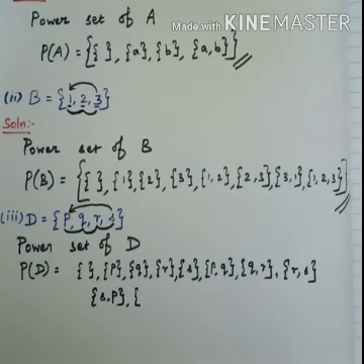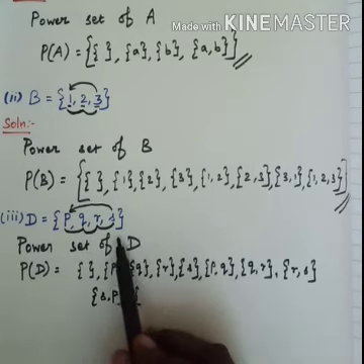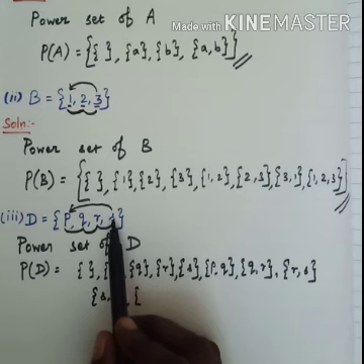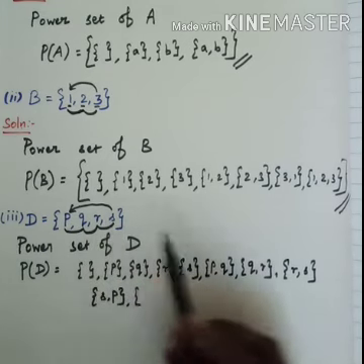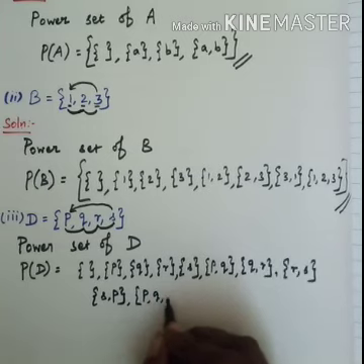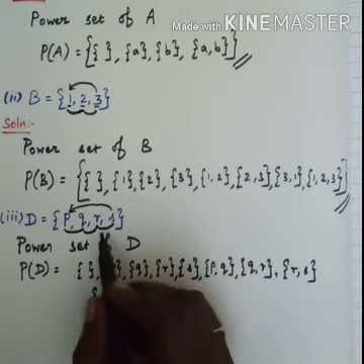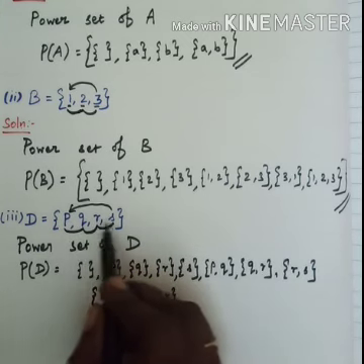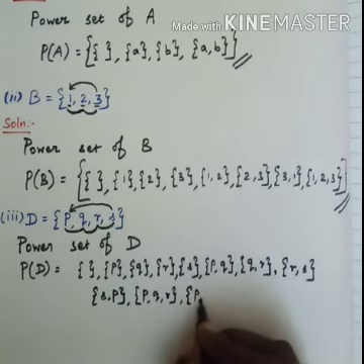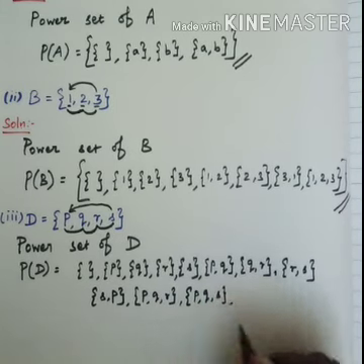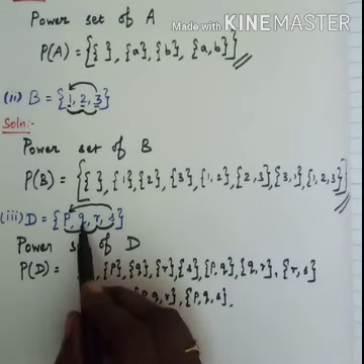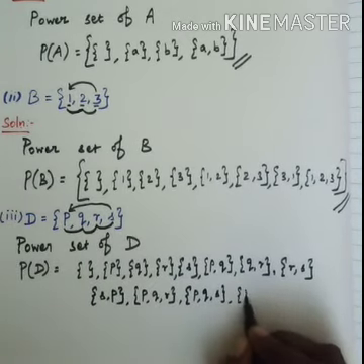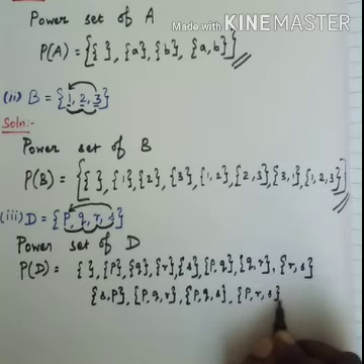Now we have to write the three elements combination. So how do you write the three elements combination? In these four elements, first you have to leave S. So the three elements are P, Q, R. And then leave R. The three elements are P, Q, S. Next, leave Q. So P, R, S is another three element combination.